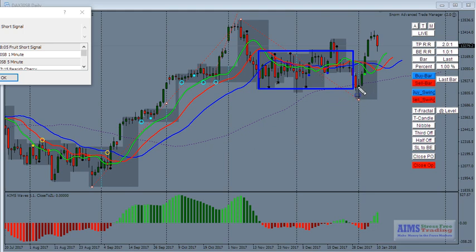But then when this happened, this had many good things in its favor. One, it was a fake out of this ranged wave 4, range bound market wave 4.